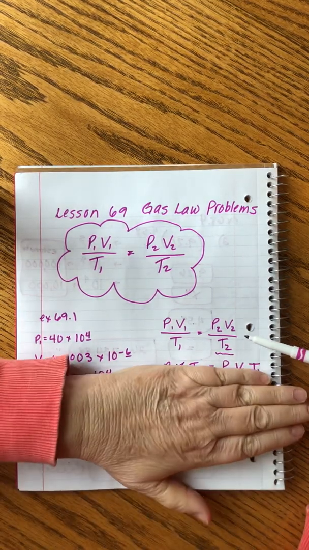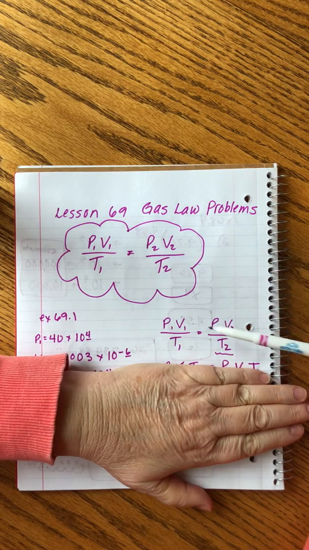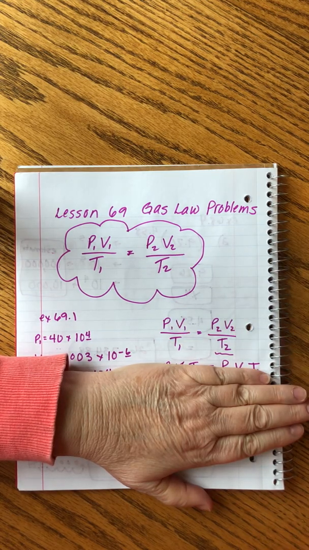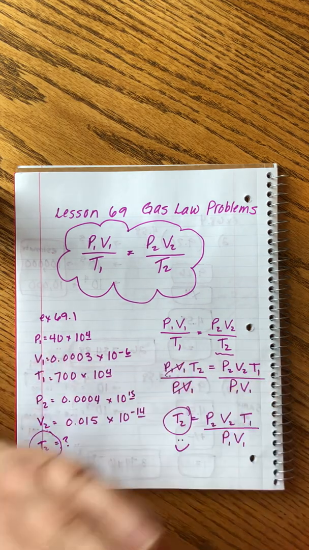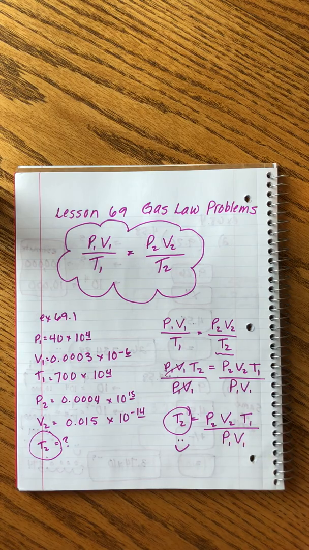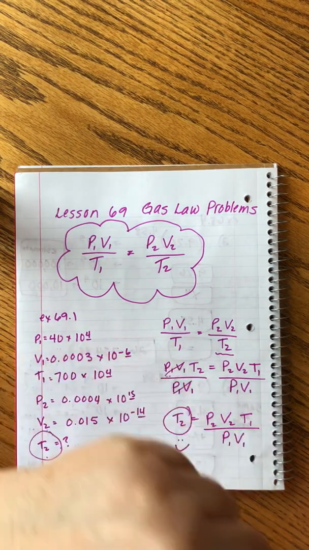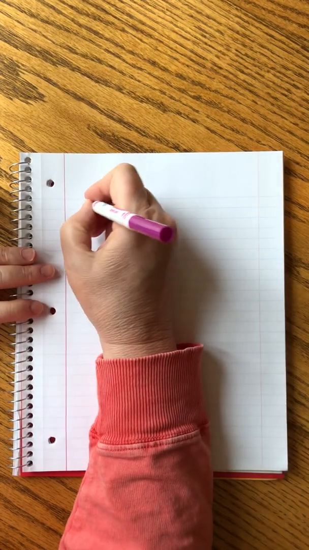And we could do that for any of the variables, couldn't we? Going back to our original formula, we could have picked any one of these to be the desired variable, just like in any other abstract equation. So don't let this part scare you. We just made it easier on ourselves. So now I'm going to copy this to the other side. T2 is what we're looking for.